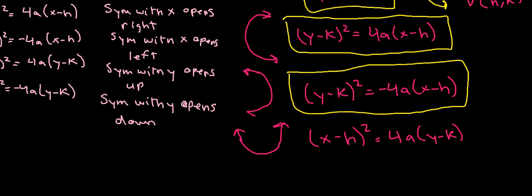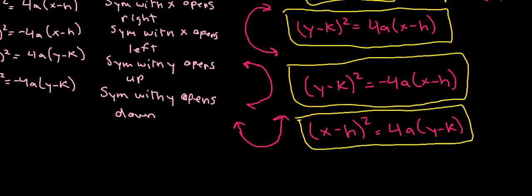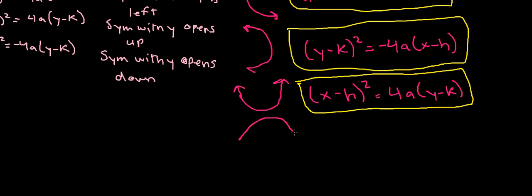And for the last formula, it's just the same procedure as I did for the other parabola that opened to the left instead. When it opens down, all that's going to change is the location of the focus, it will be a negative number instead. So all that happens is I change my a value. So minus 4a y minus k.